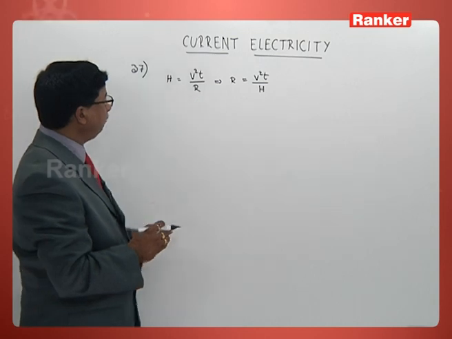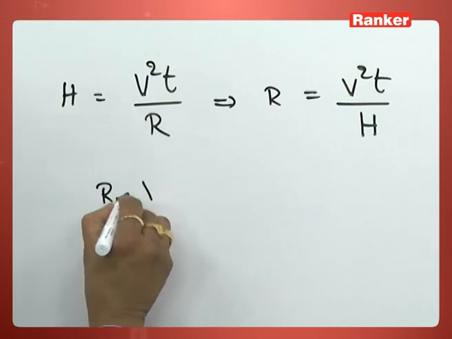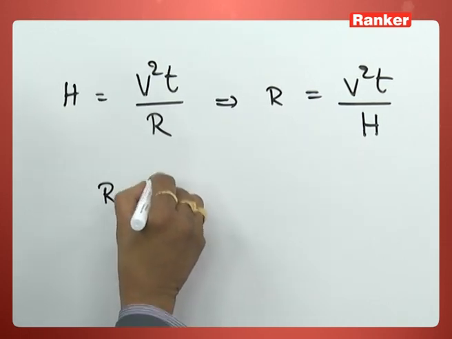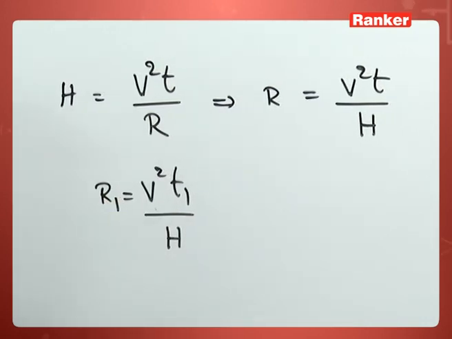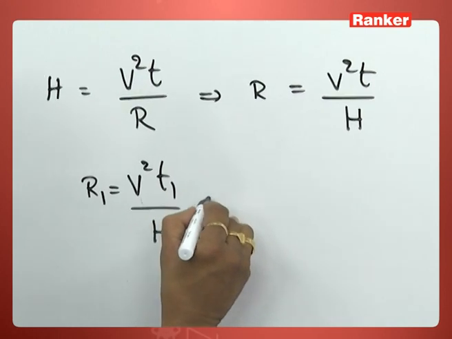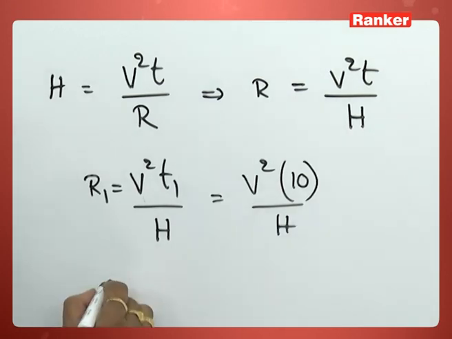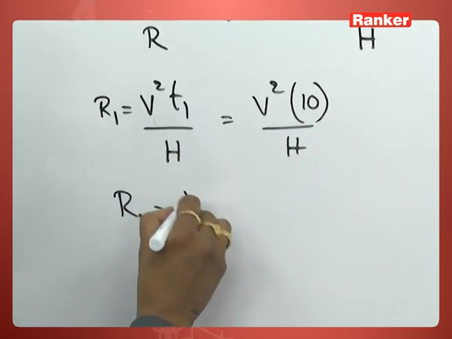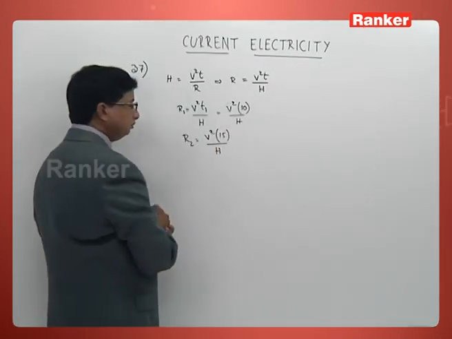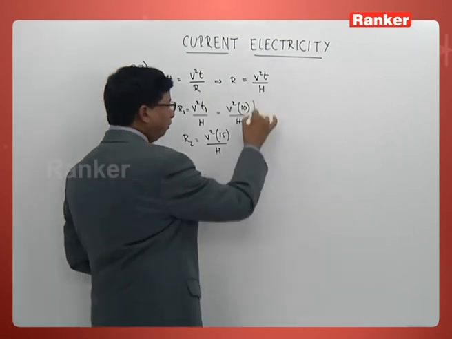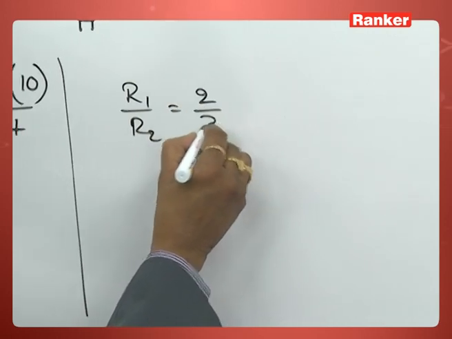If you take resistance R1, it can be taken as V square T1 by H. So R1 is V square into 10 by H. What about the second one? R2 is V square into 15 by H. From these two, you can directly understand R1 by R2 is in the ratio 2:3.